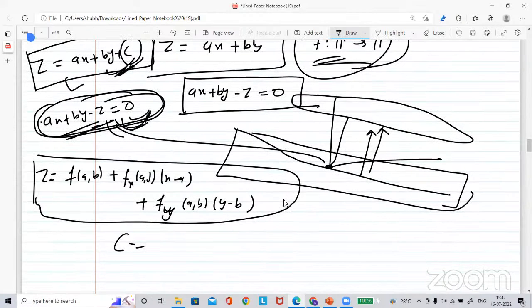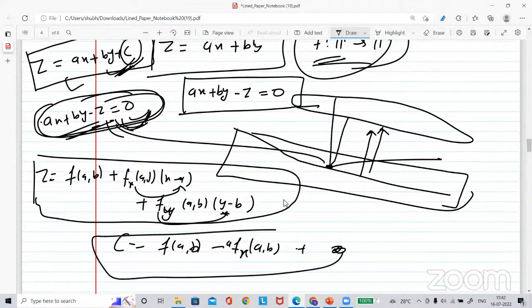So here your c is the value at that point plus fx(a,b) multiplied with minus a, and so on. These are constants, included in the constant. This will work as a shifting of that. Otherwise, this is going to be the tangent plane.